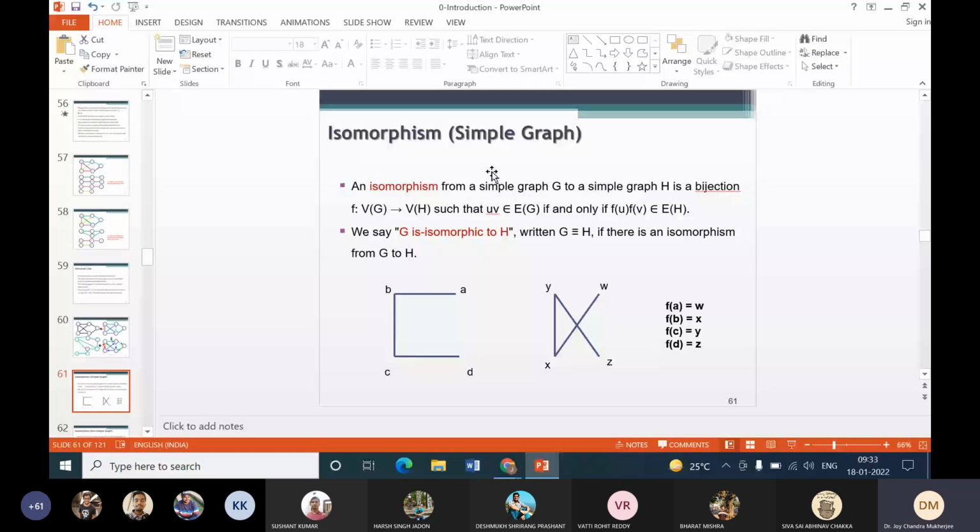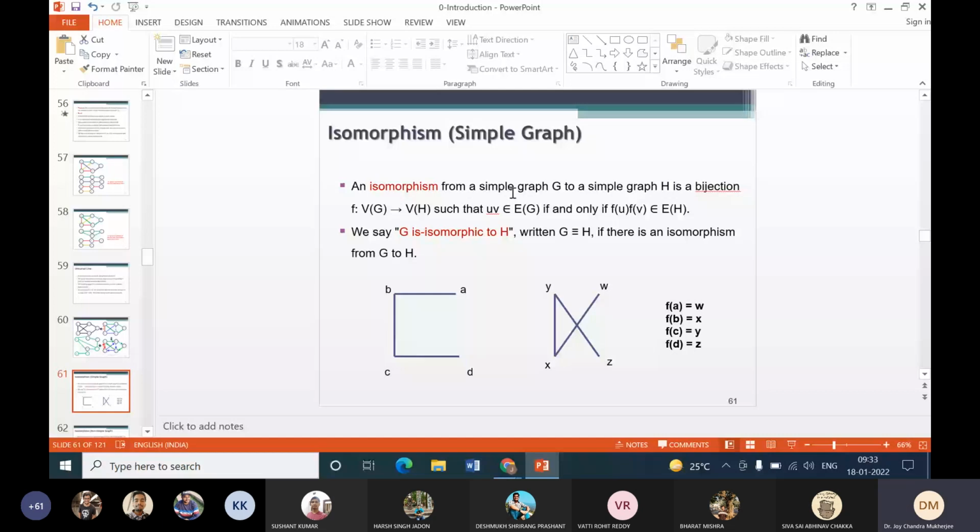So what is isomorphism? It is basically nothing but a bijection. So when I talk about a graph, there are given two graphs. This is graph G, this is graph H, and we say that. So what are the conditions? We say that G is isomorphic to H.